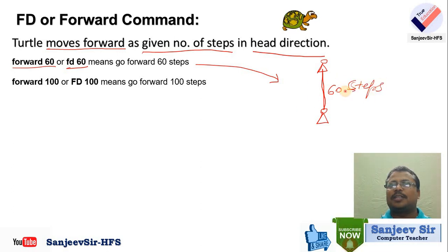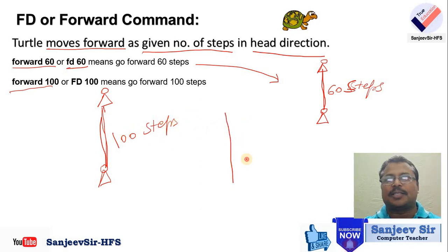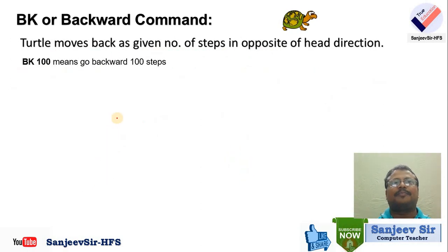Now FD 100 means turtle will move forward and go 100 steps forward. That means here, that is 100 steps. We are unable to write a straight line like this, so we will discuss that one.